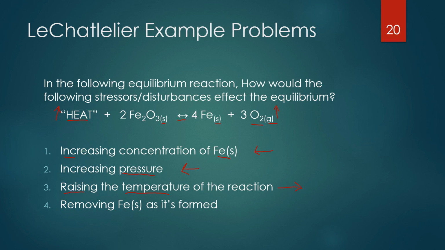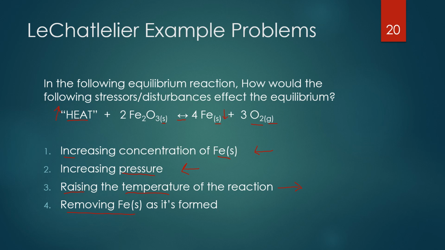Let's look at one last type: removing iron. I'm going to go over to the product side where iron is, and instead of increasing it, now I'm decreasing it. So I'm going to write a down arrow because I'm getting rid of it. It's a solid iron, so I can take it out of solution as it's formed.